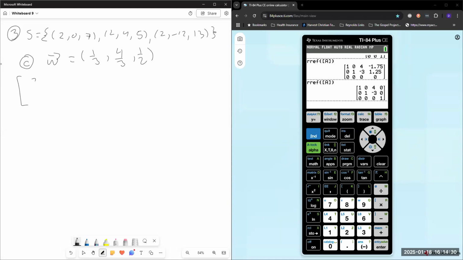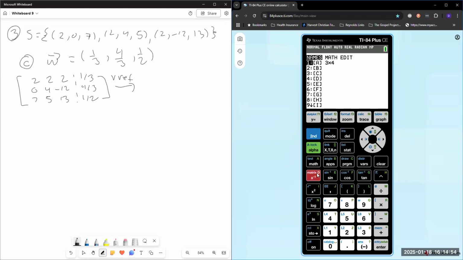Matrix, that's 2, 2, 2, 1/3, 0, 4, -12, 4/3, 7, 5, 13, 1/2. We'll want to RREF that.